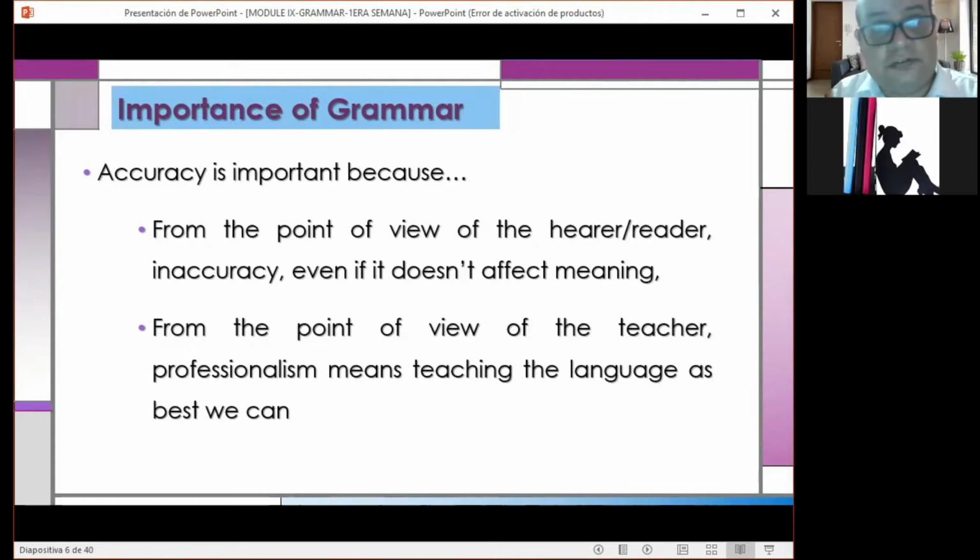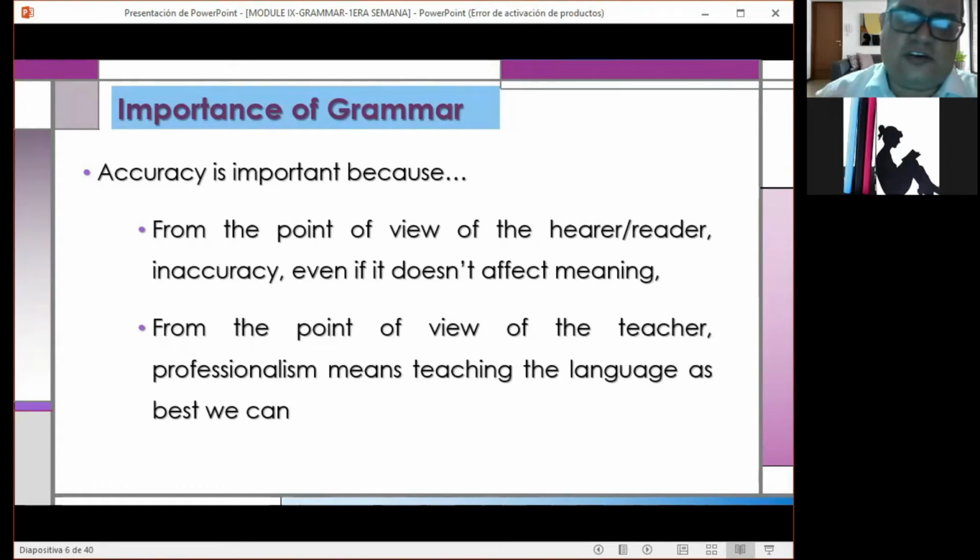But from the point of view of the teacher or university, as Diana wrote here in the chat, if they are in school or university, they should use grammar effectively, accurately. So professionalism means teaching the language as best we can. So we have to check our students' production. At the beginning, maybe you could accept some inaccuracy in your students in order not to stop fluency, as I told you before.